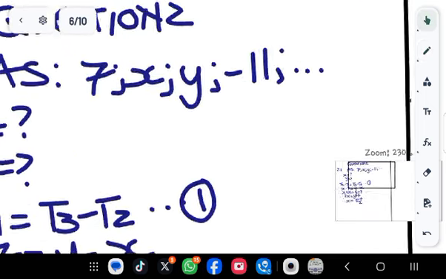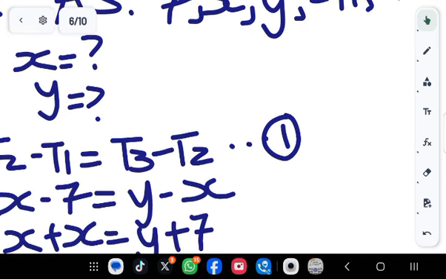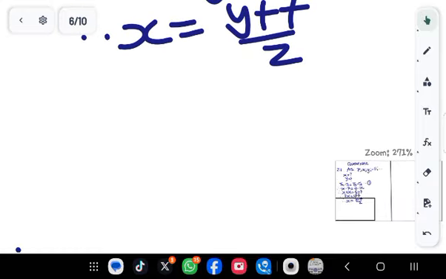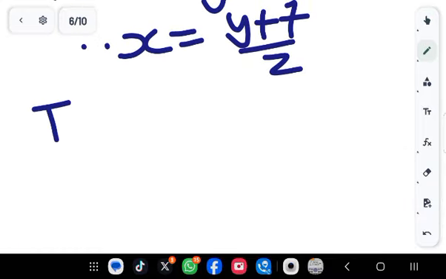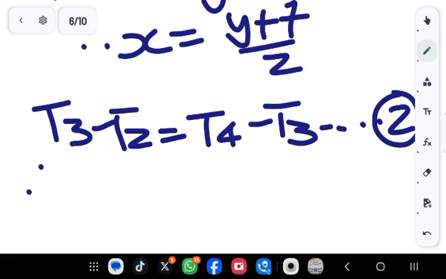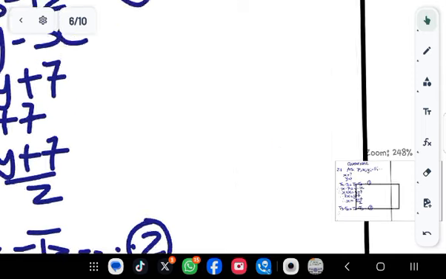Now to find equation 2, let's use term 2, 3 and term 4. So we've got T3 minus T2 equals T4 minus T3, and that will be our equation 2. Therefore, T3 is y minus x.